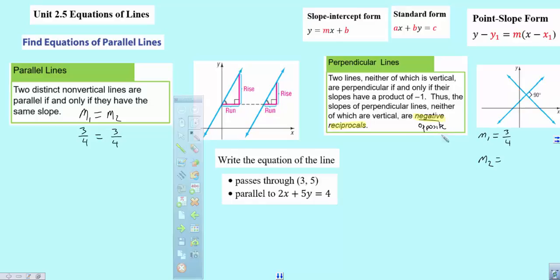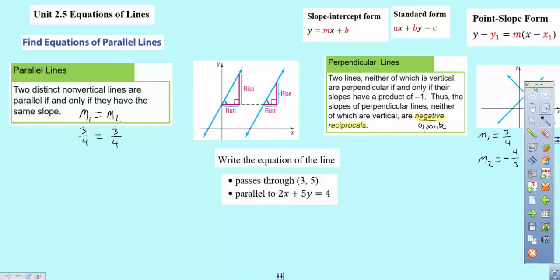If this one's positive, then the opposite will be negative. And the reciprocal means whatever's on top will now be on the bottom, and whatever's on the bottom will be on top. So the slopes of 2 perpendicular lines are going to be opposite reciprocals or negative reciprocals. All right, so let's apply that.